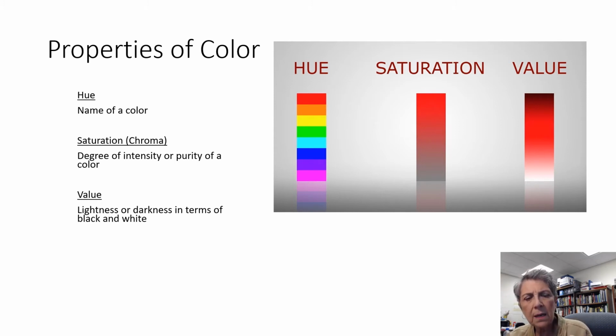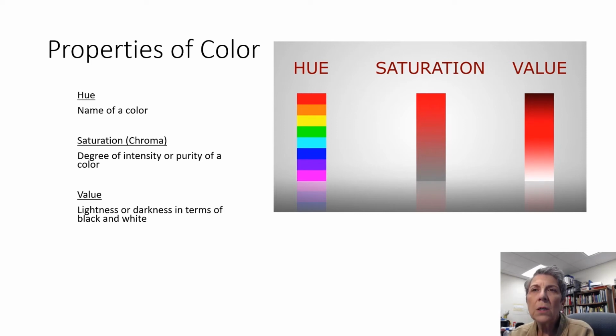So if I take red, cadmium red light out of the tube, that is the brightest it can be. If I do anything to it, I take away from that intensity. So that's what that means. I'm desaturating it.